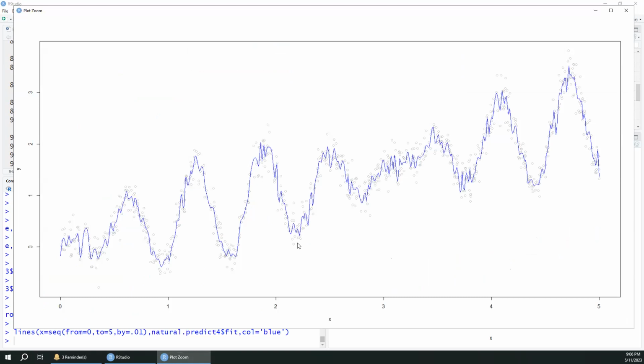Knowing all that we know about the true function, you could look at this and say, well, this is overfit, right? And so that is the idea here, is that as you increase the number of knots or the degrees of freedom, you will start to pass our sweet spot of lowering our total error for out of sample prediction, and you'll start to get into this territory where we're obviously overfitting the model.